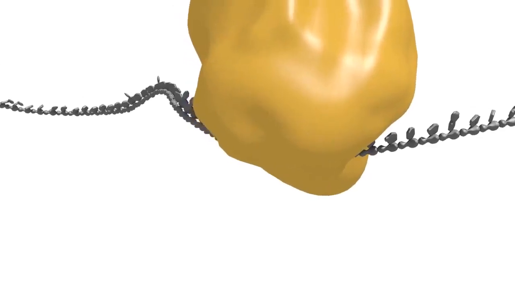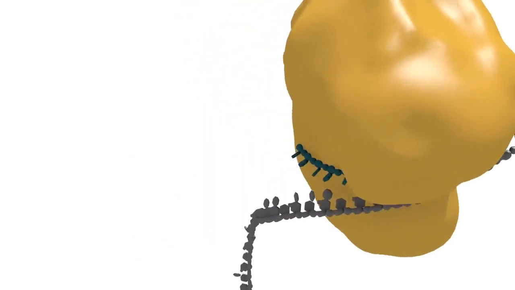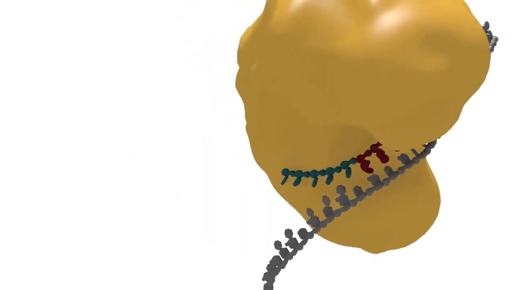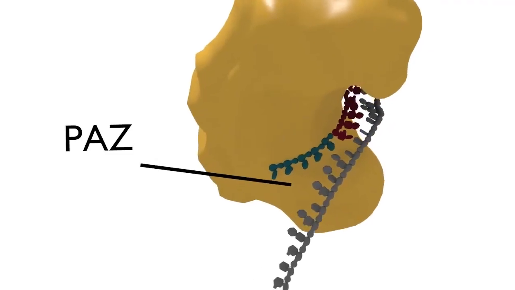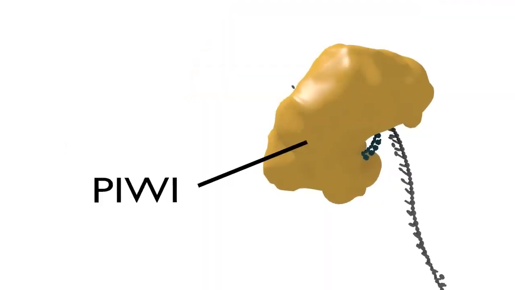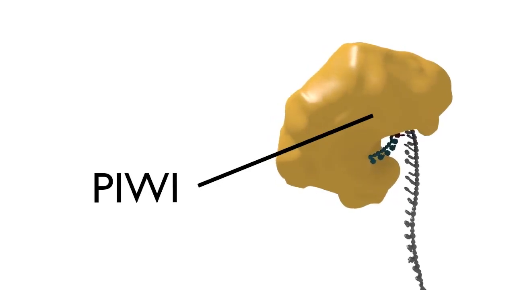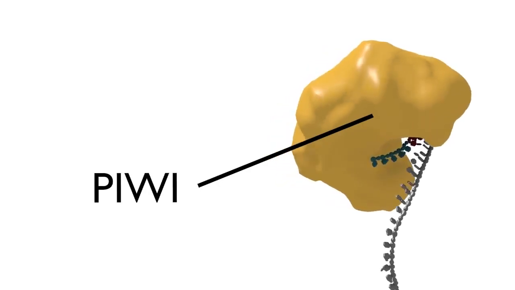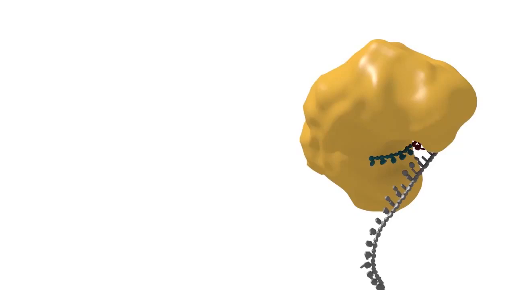The absence of extended duplex formation allows the 3' end of the microRNA to remain securely bound to the PAZ domain of the Argonaute protein. As a consequence, the PIWI domain of the Argonaute protein is generally not positioned appropriately to cleave mRNAs that are targeted by microRNAs.